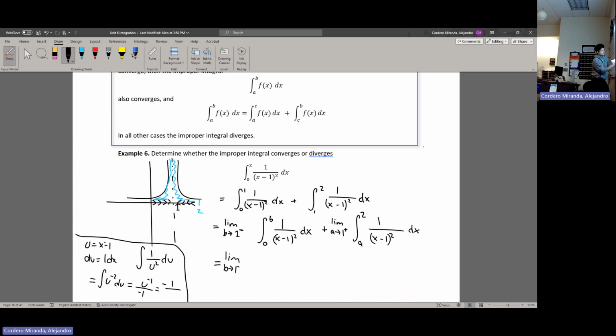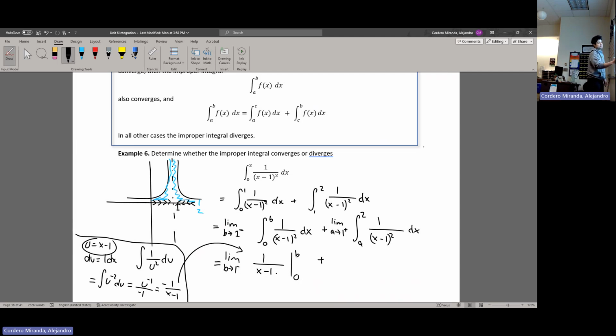But u originally was x minus 1, so there it is. That's my antiderivative, and now I'm just going to put that result over here. Negative 1 over (x minus 1), evaluated at b and evaluated at, what was it, 0. Okay, plus the integral on this side, but I'll do that later.